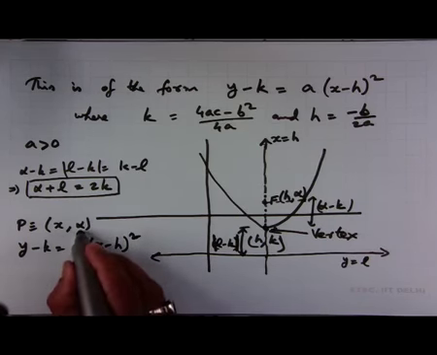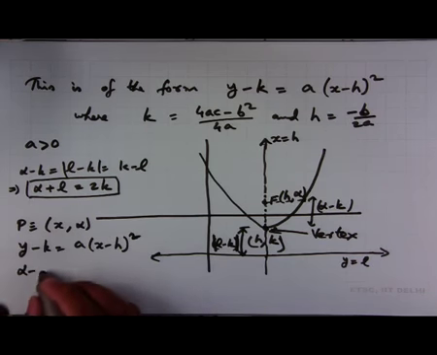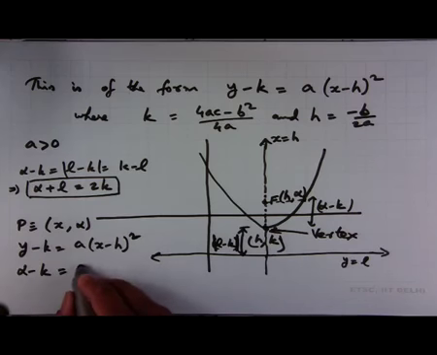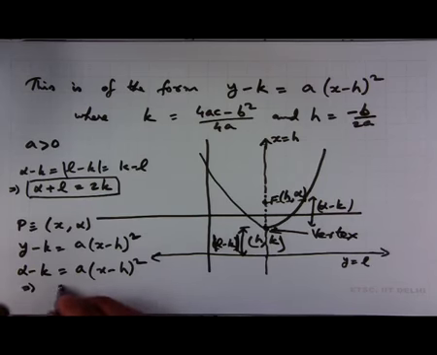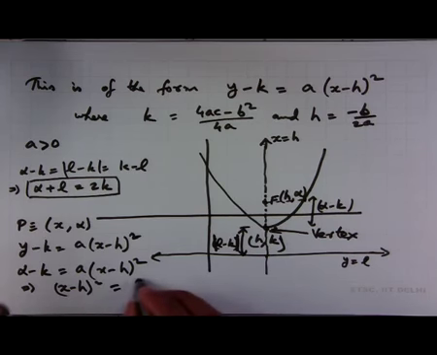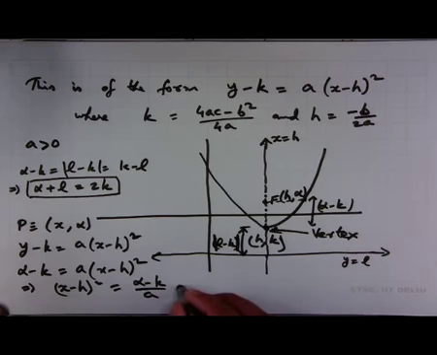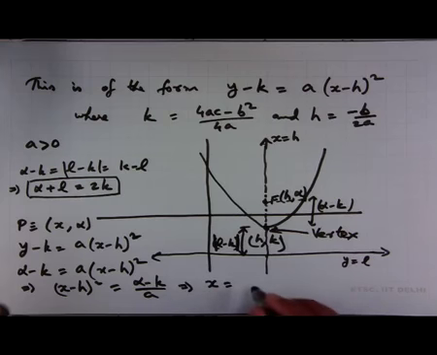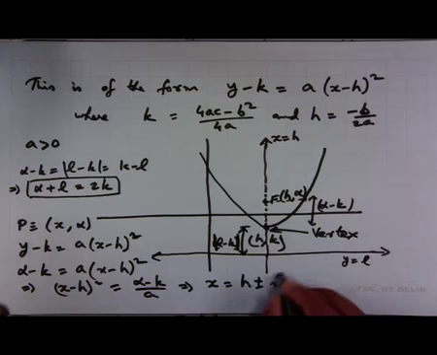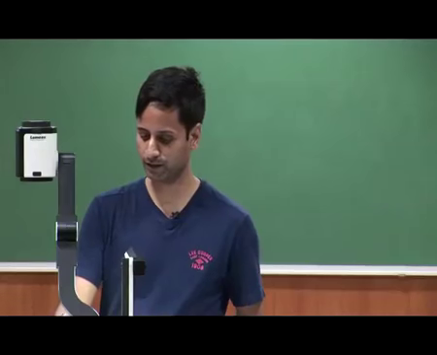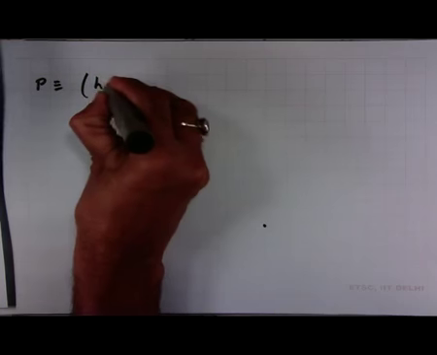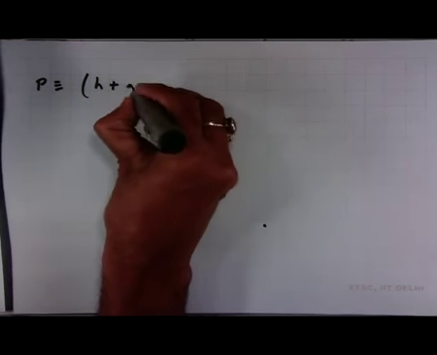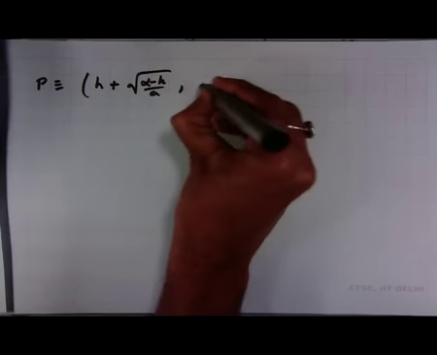So putting this x comma alpha here, we have alpha minus k is equal to a times x minus h squared, which will give x minus h squared is equal to alpha minus k by a, or x is equal to h plus minus square root of alpha minus k by a. So if we take this point P, it has coordinate h plus square root of alpha minus k by a comma alpha.